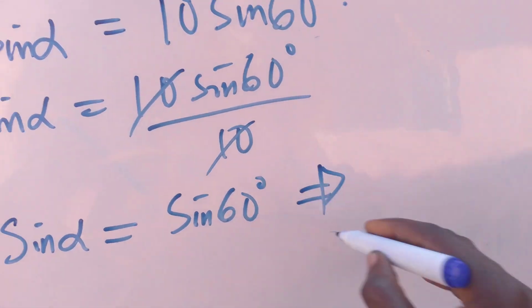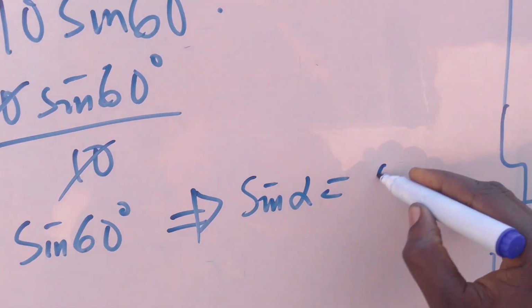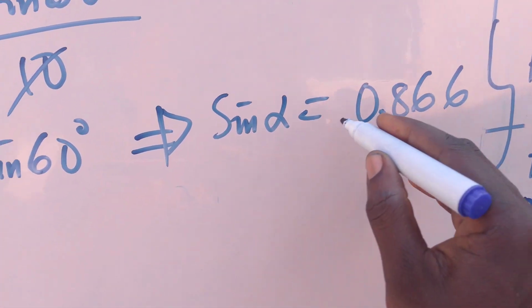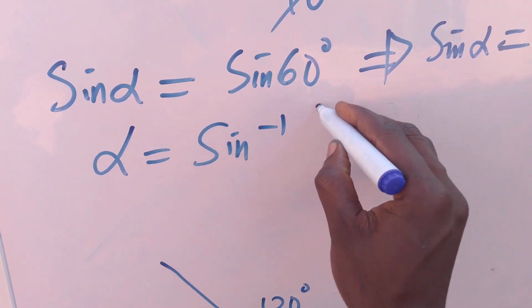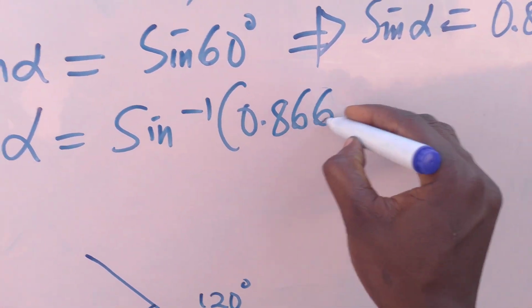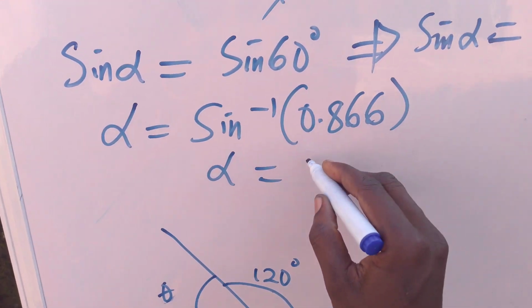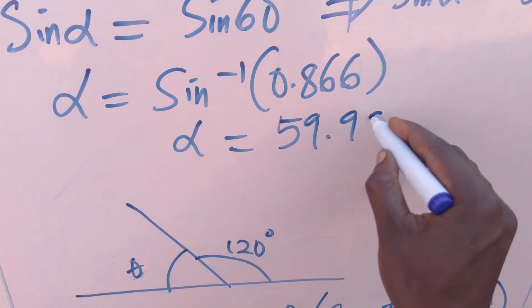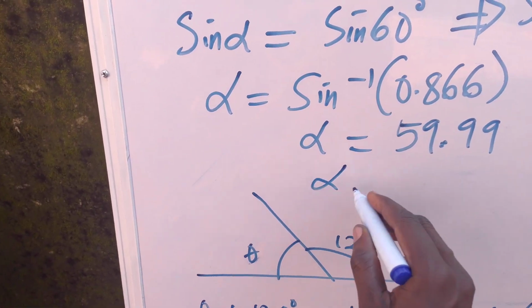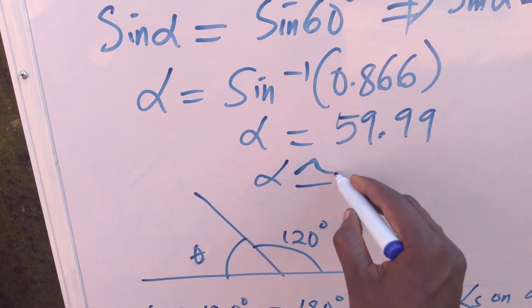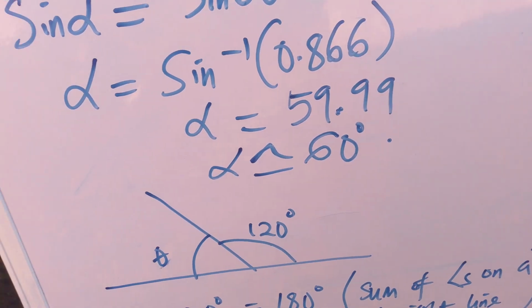It implies that sine alpha equals 0.866, and alpha will be the sine inverse of 0.866. Using your scientific calculator, you get 59.99. When you approximate it, this is approximately 60 degrees to the nearest whole number.